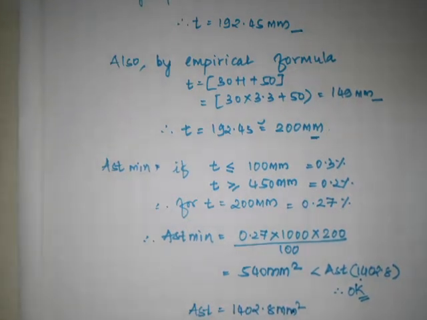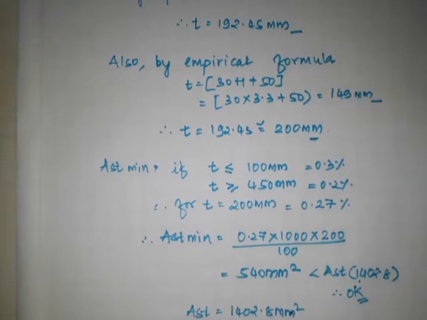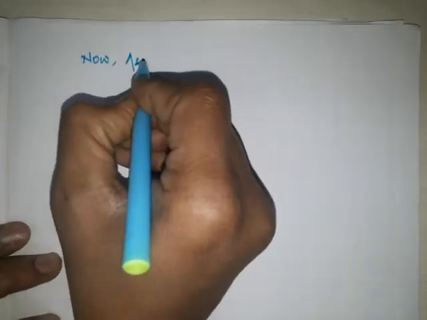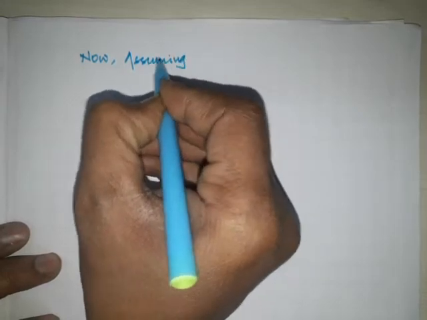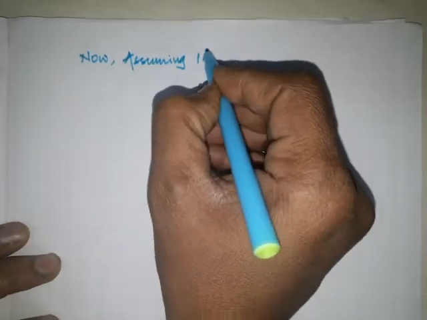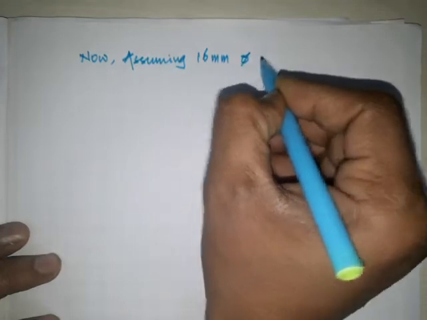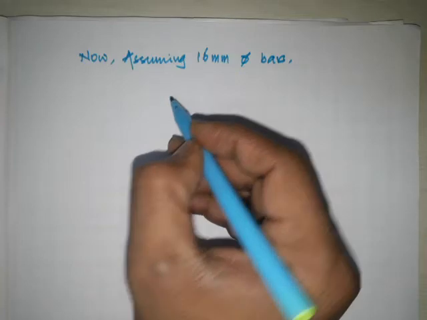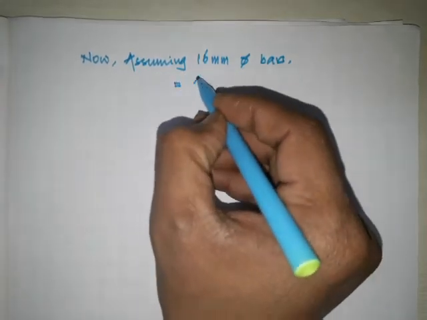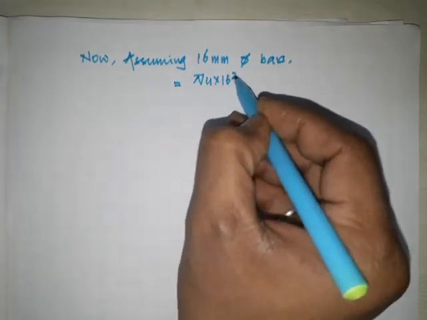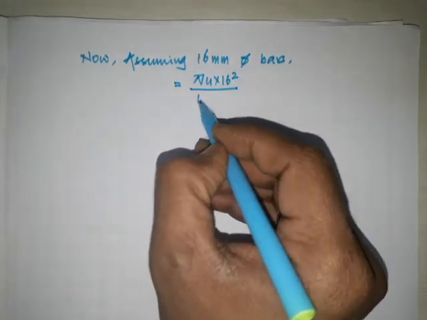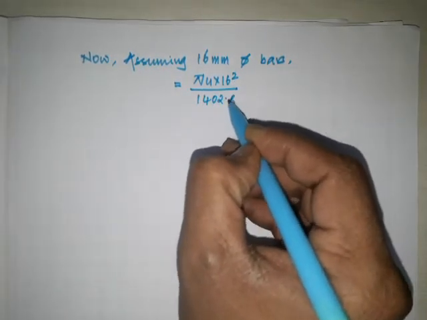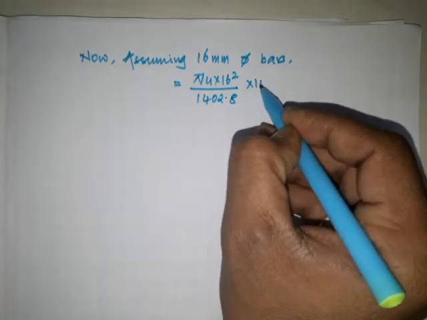Square. Understood? So now, by assuming 16 dia bars, we get spacing equal to pi by 4 into 16 square divided by the AST 1402.8 into B 1000.